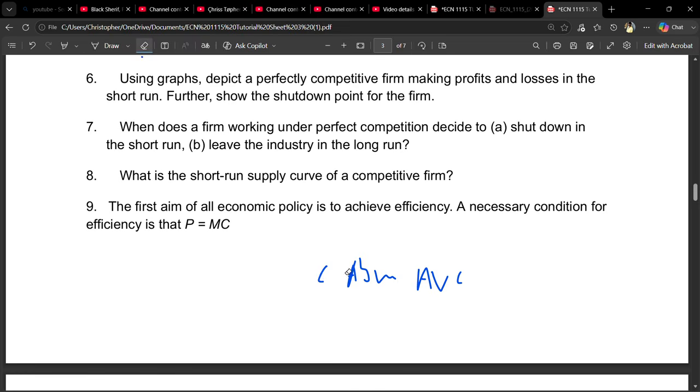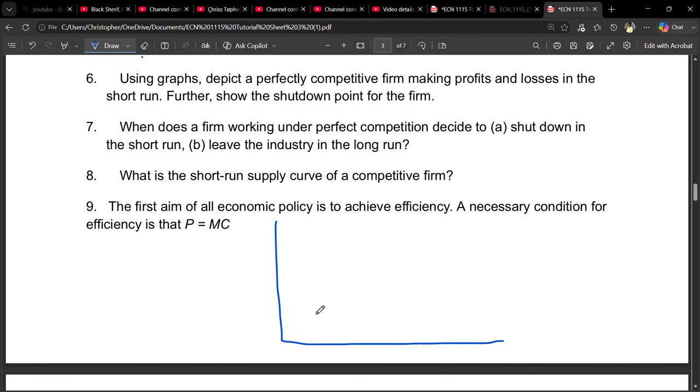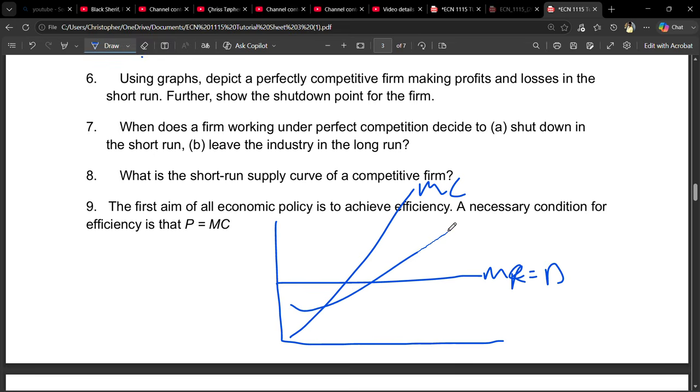So that is the answer for that. What do I mean? We have the MC there. We have our marginal revenue there, which is the same thing as price, demand, and everything. And then we have our average variable cost here. So the supply curve is the portion of the MC curve above the AVC.